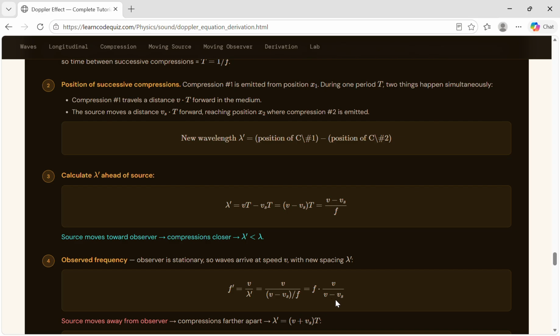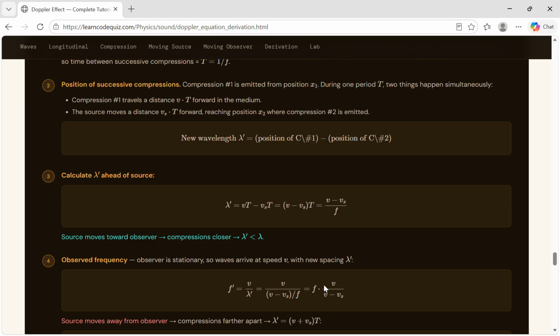If you look at this equation and how we get it, we come to the intermediate steps in a little while. But V minus Vs will be lower than V. Therefore V divided by V minus Vs is going to be greater than 1. If it is greater than 1, then F dash is going to be greater than F.